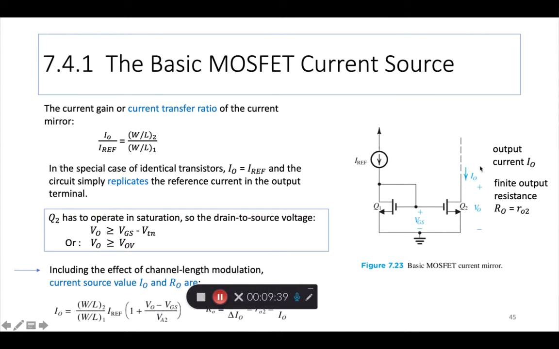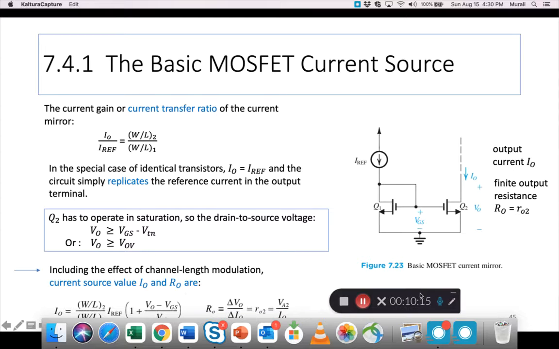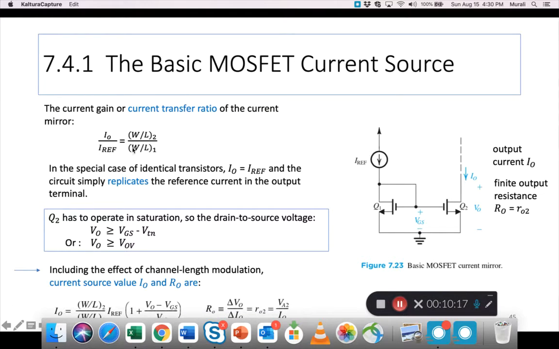That means the external circuit through which I0 is flowing has to ensure that the output voltage, which is the drain-to-source voltage with the source grounded, VO, is always greater than VGS minus VTN for an NMOS transistor, or equivalently VO has to be greater than or equal to the overdrive voltage. This is a simple version of the formula.